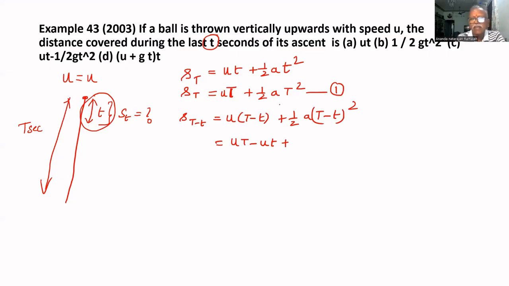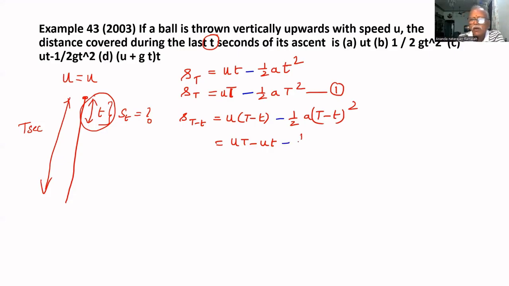Acceleration is negative, that's why we put a minus sign in front of the a t square term.